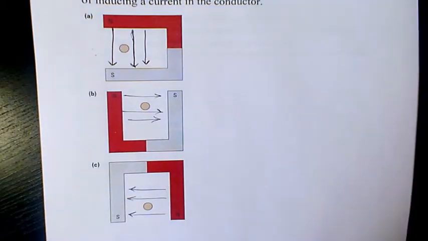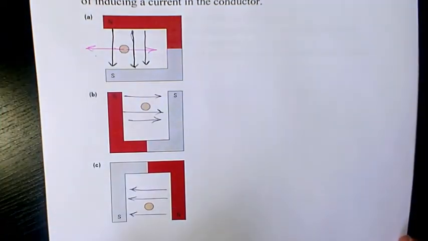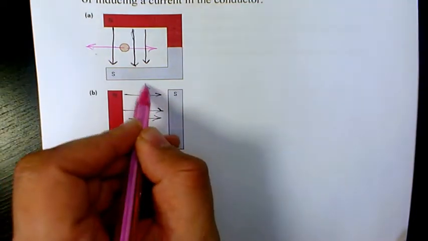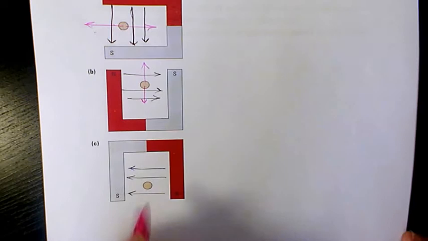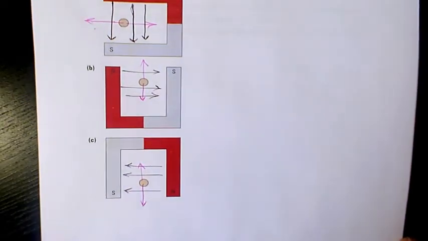When it moves this way or this way, we will have induced current. Same thing here. If we go this way or this way, we're going to have induced current, and also this way, it's going to cross the magnetic field lines, and then it results in induced current.